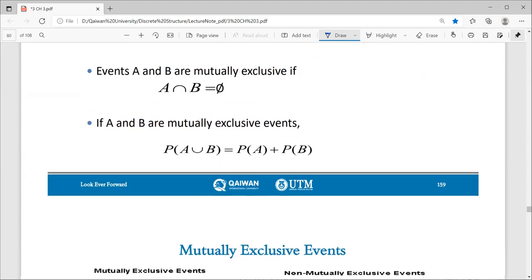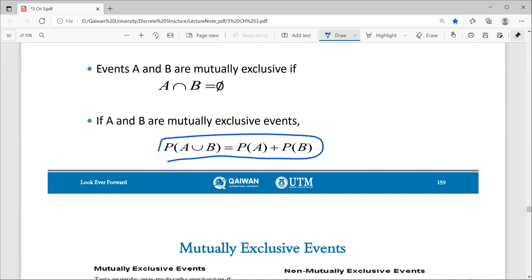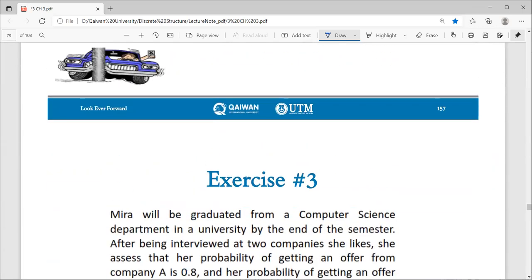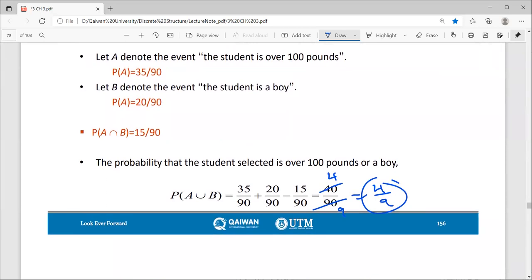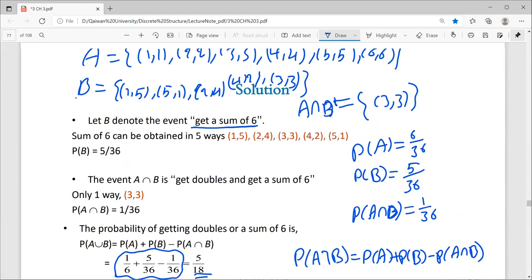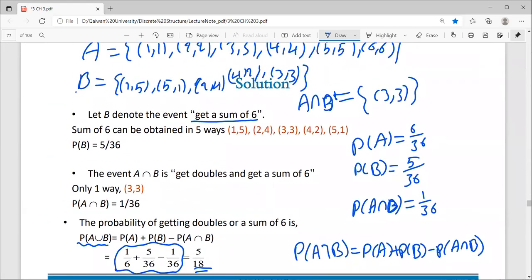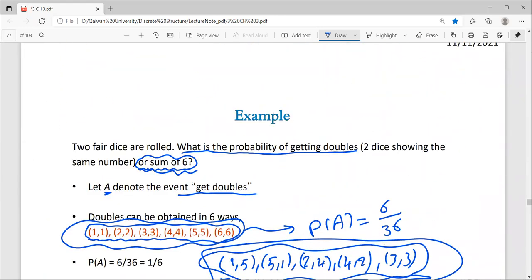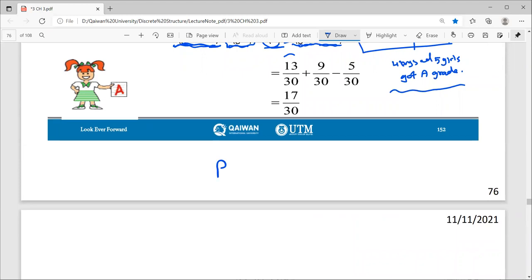In this case, we just say it equals probability A plus probability B. Probability of A or B, or A union B, equals probability A plus probability B. This probability A union B, even the above ones, could be written like that. This sign, A or B, means union.